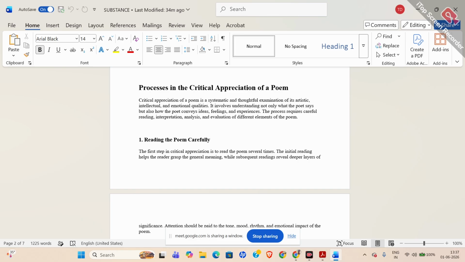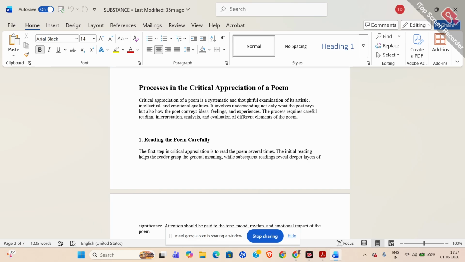So you saw in that table, how the poet says, কি বলছেন শুধু তা নয়, কিভাবে তিনি বলছেন, কি ভাষা ইউজ করে বা কিভাবে বলছেন। So idea গুলোকে how they are being expressed, how the feelings are being expressed, and the experiences are being conveyed. The process requires careful reading, interpretation, analysis, and evaluation of different elements of the poem.